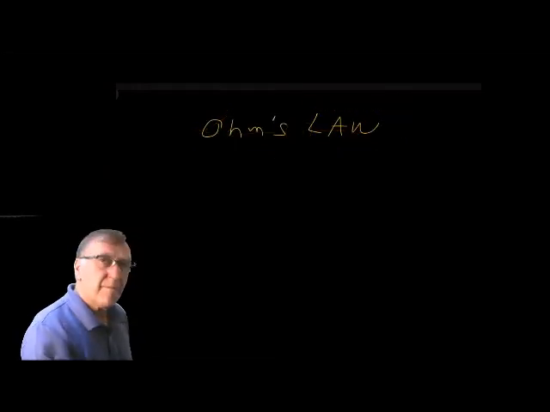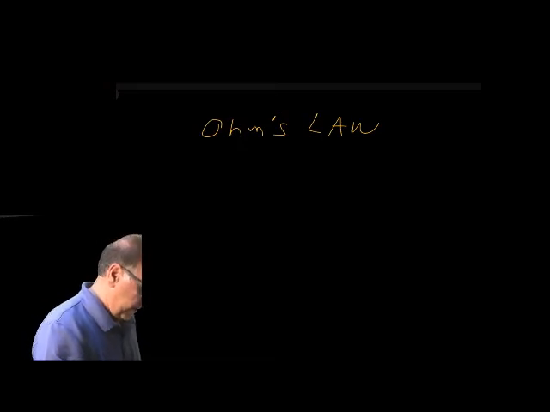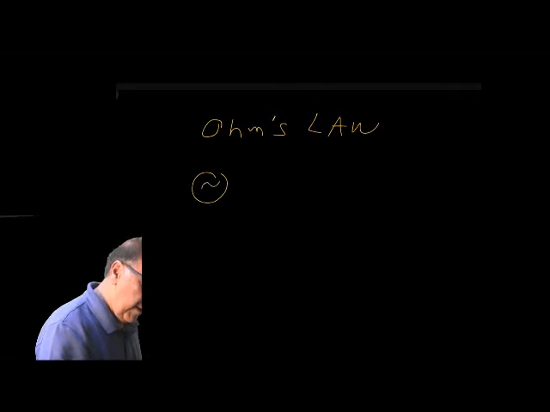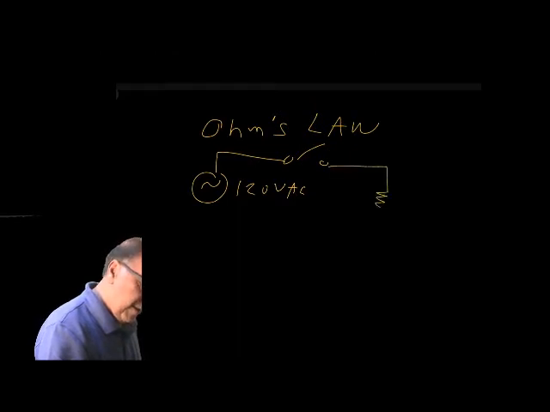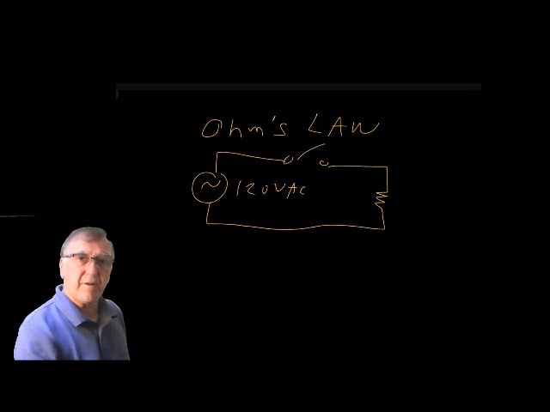So let's talk about Ohm's law. If we draw a simple circuit again, this time we'll use an AC source, which we'll call 120 volts AC. Connect it through a switch and a resistor. Back to the negative side. Well, it's actually not a negative side because it's alternating current.